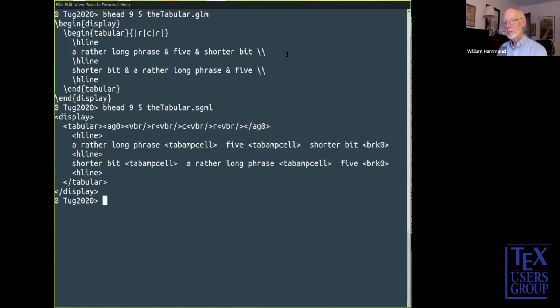So personally, I don't want to give that up. When I write something like that, whether it's an equation array or a tabular, I like that markdown and I don't want to give that up.